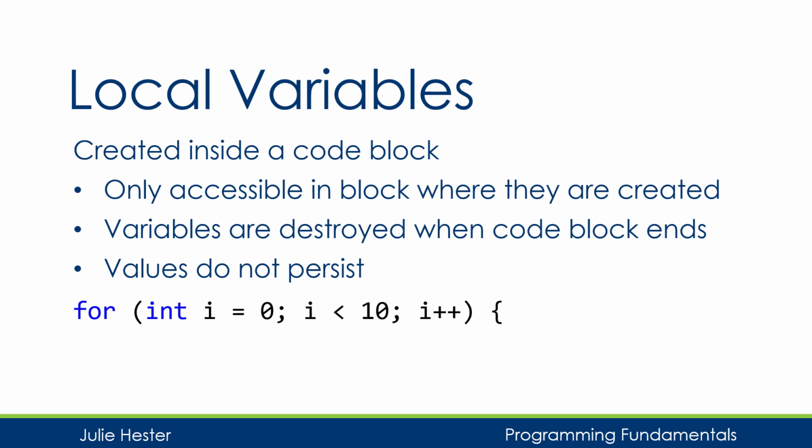And I'm using this iterator variable to control my for loop executions, each iteration. That variable i belongs to the for loop code block, or the body of the for loop, and the body of this for loop has access to i, but as soon as the for loop finishes executing, that variable i will be destroyed and is no longer accessible.